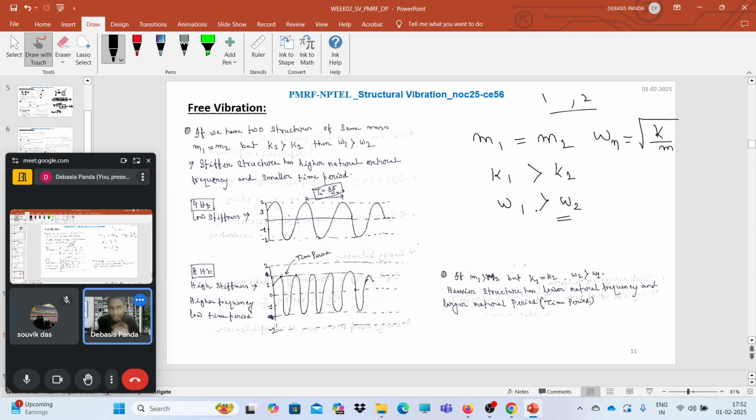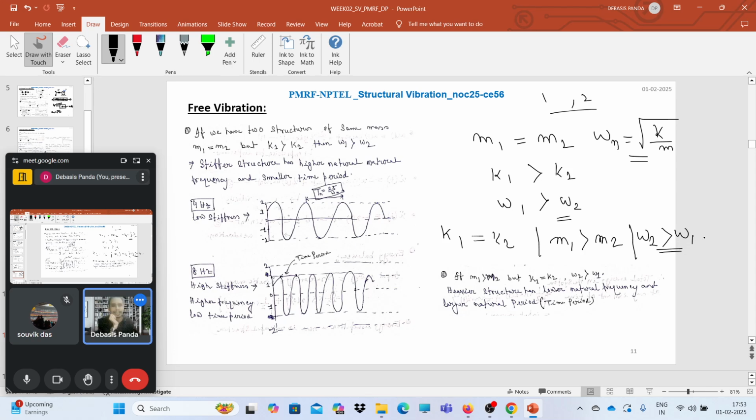Here we can see. Now if we keep the stiffness the same, k1 equals k2, but for the second case, say m1 is greater than m2, look at the expression for natural frequency. The natural frequency of the second system will be more than that of the first system.